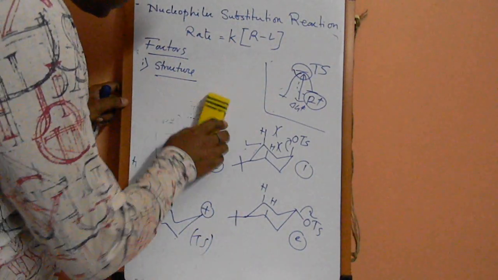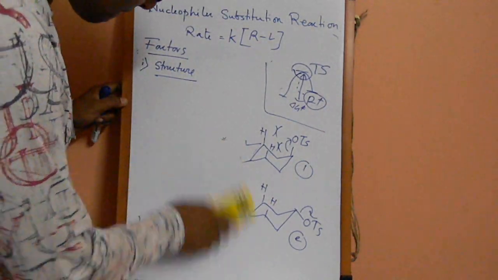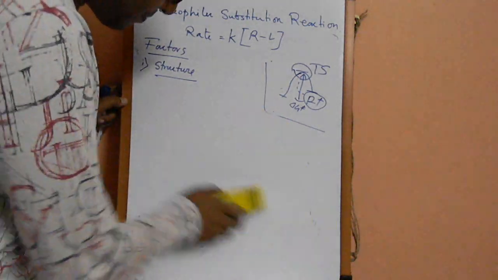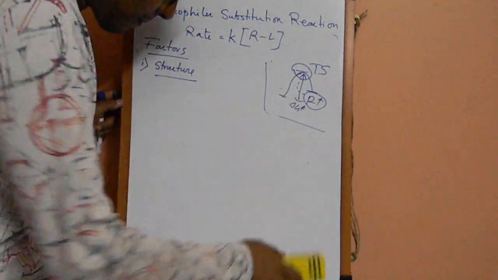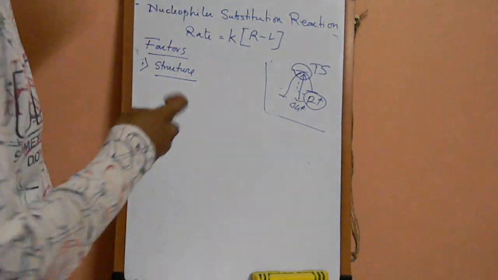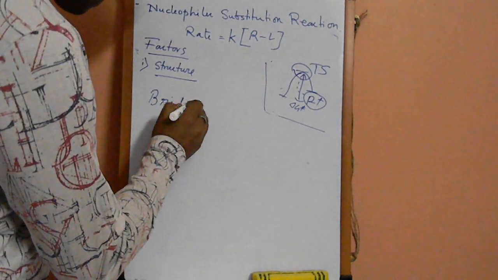Apart from these things, we have some other things like rigidity of the structure, or one very important thing, the bridgehead carbon.